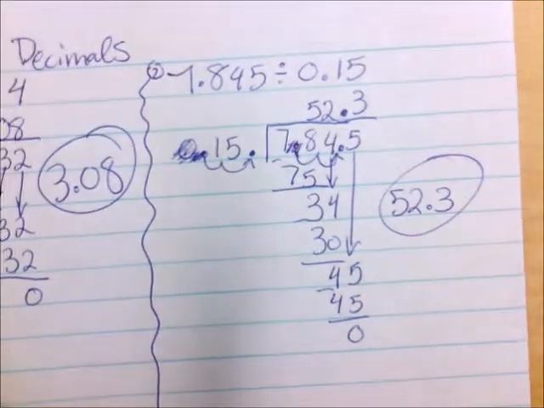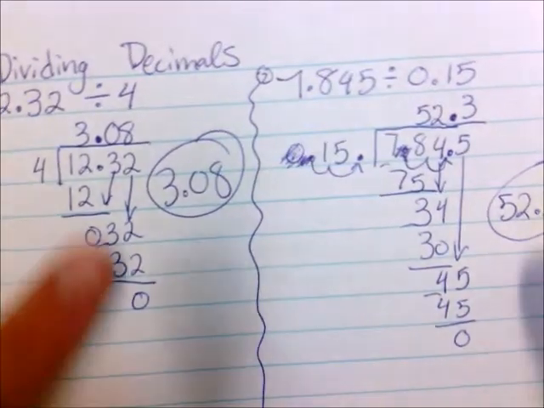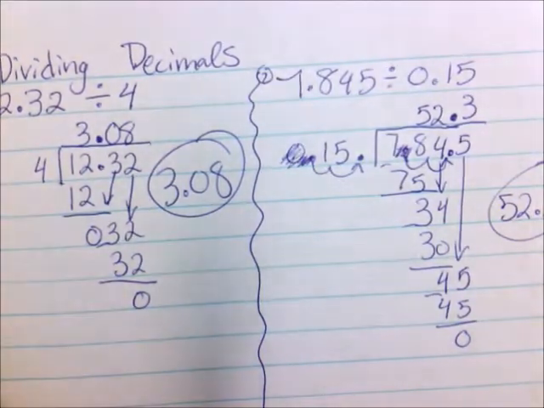Okay. Now, the last thing I want to talk about is these both were nice. Alright, they both went into the decimal the exact amount of times. But what if it doesn't? Alright, what if it doesn't? So, let's make up another problem down here, and I'm not going to finish it. Let's see here. We'll do problem number 3 here.